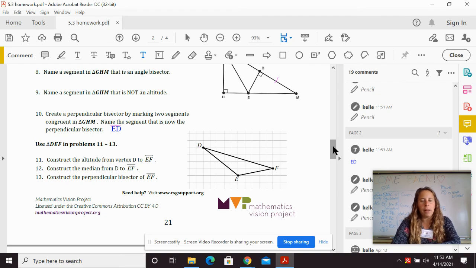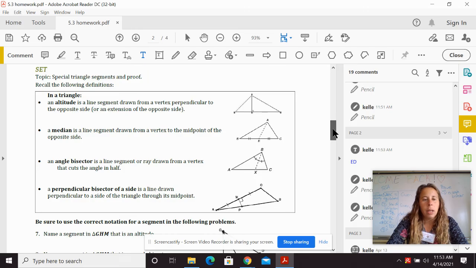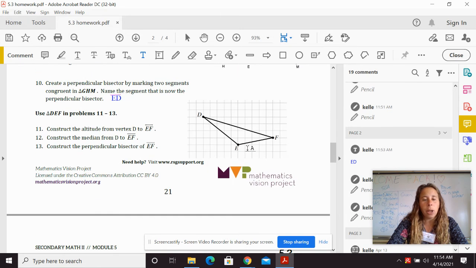Okay, construct the altitude. So remember, your altitude from D to EF has to be perpendicular. Let's go back up. It is drawn from a vertex and is perpendicular to the opposite side, or an extension. So this is where you're going to have to extend this side out.